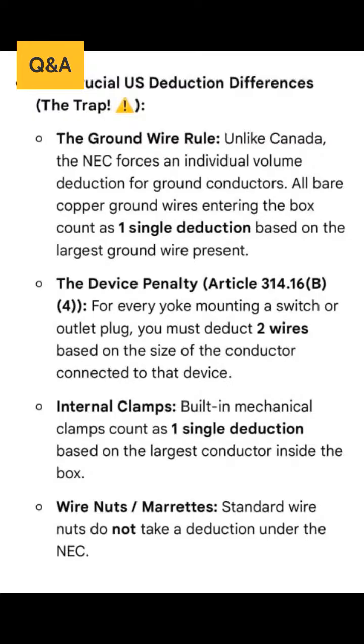The device penalty, 314.16(B)(4): for every yoke mounting a switch or outlet plug, you must deduct 2 wires based on the size of the conductor connected to the device. Internal clamps: built-in mechanical clamps count as one single deduction based on the largest conductor inside the box. Wire nuts, Morettes: standard wire nuts do not take a deduction under the NEC.